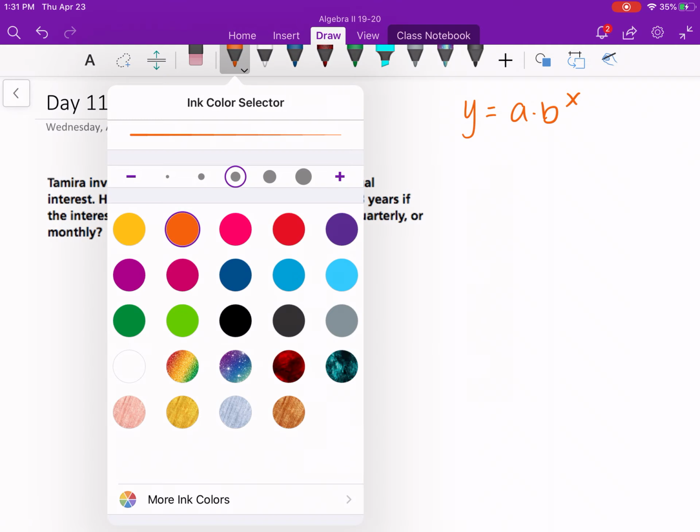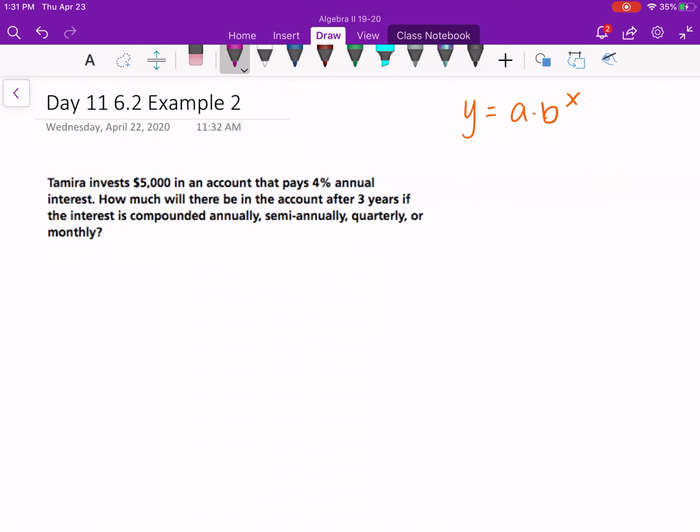So our new formula kind of looks like what we ended up with at the end of the last example. Instead of saying Y, we say A, but it's the same thing. It means final amount. Instead of saying A for the initial value, we say P, because we're going to call that the principal value now. We're upping our vocabulary. Instead of writing B, we're going to actually write out that growth rate, so it's going to be 1 plus or minus the rate.